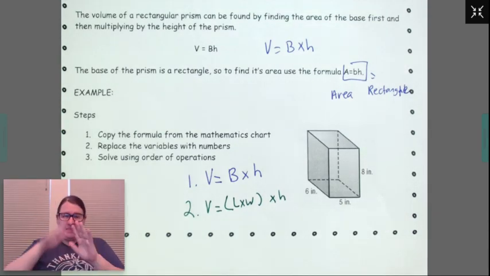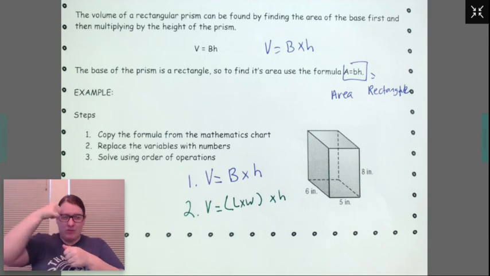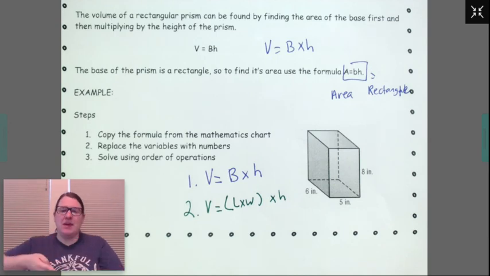So B means length times width. I'm going to put that in there so I remember, and then times it by the height.